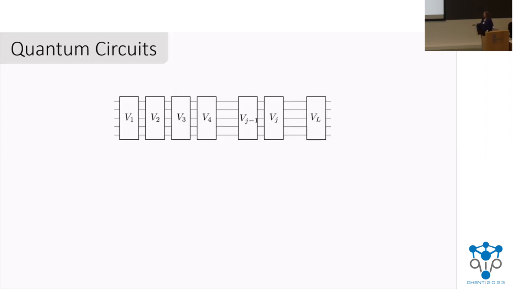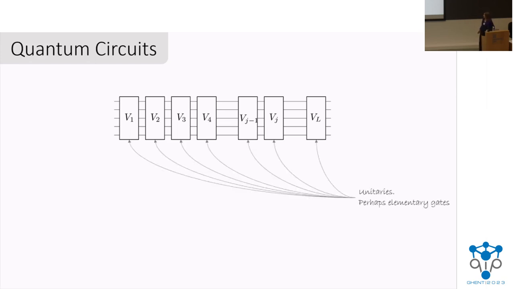If we have a quantum program, the usual way that we view it is as a quantum circuit, which is a sequence of unitaries, Vj, and usually we think of these as being from some set of whatever we want to consider our basic operations. They might be elementary gates, maybe acting non-trivially on only one or two wires, for example.